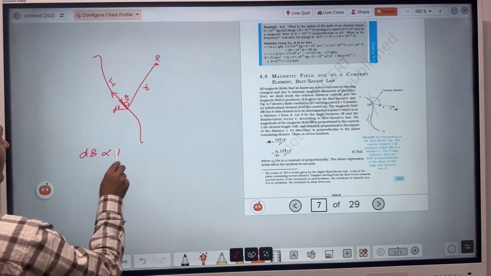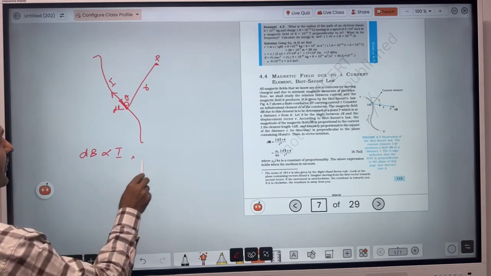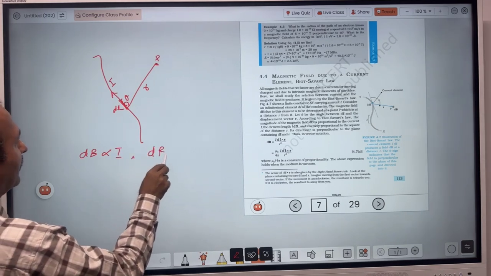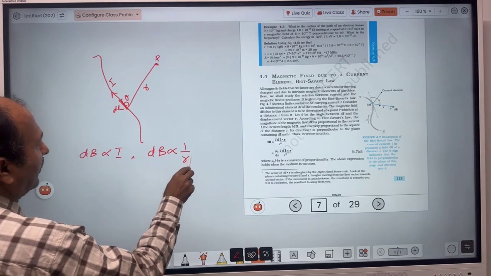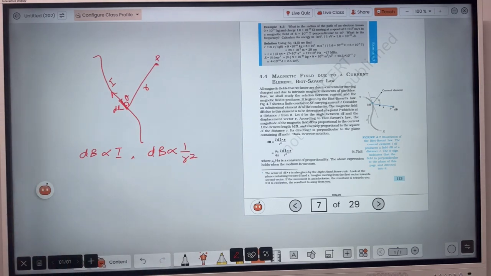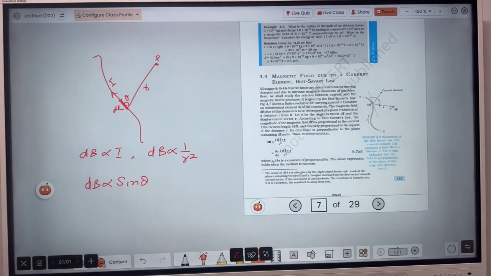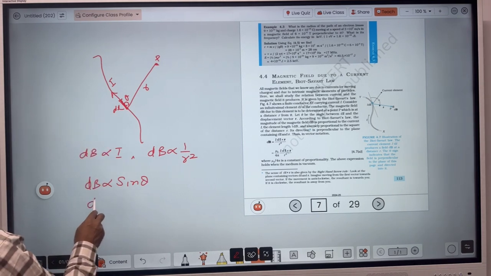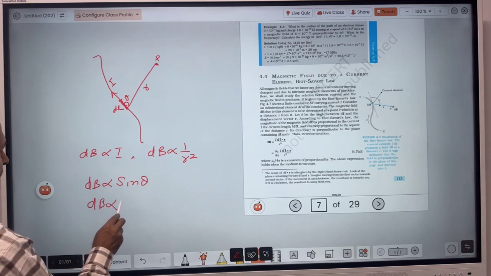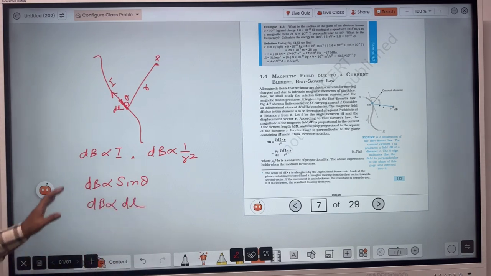Number one, it is proportional to current, it is inversely proportional to distance square, it is proportional to sine theta, and it is also proportional to the current element. So these are the things, if we combine, what do we get?